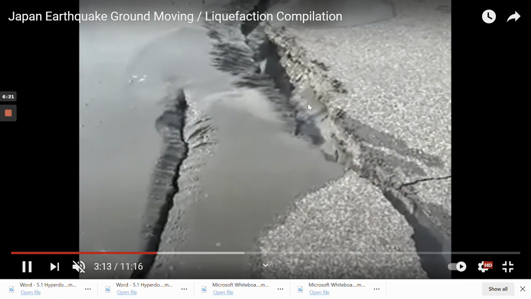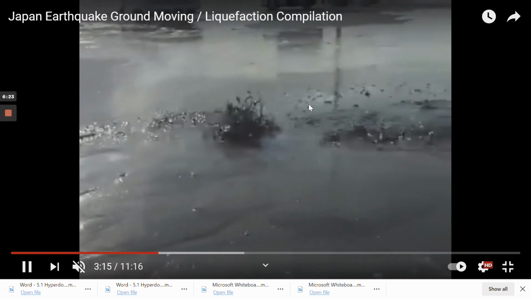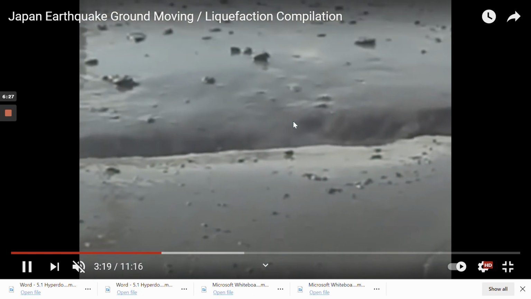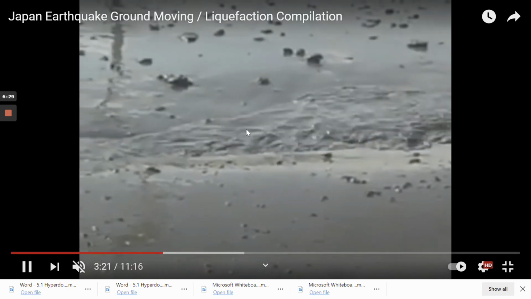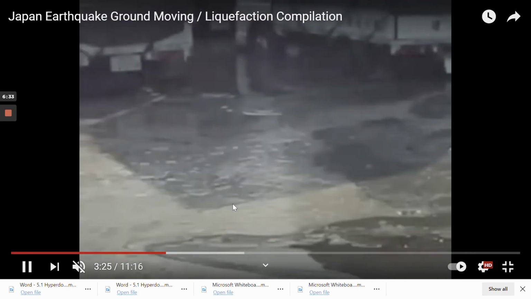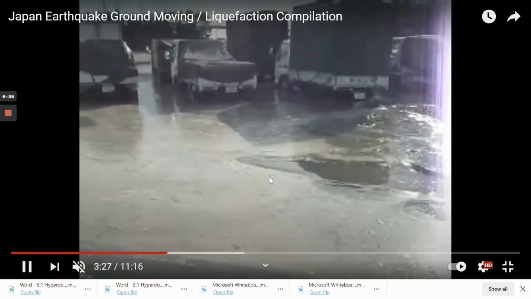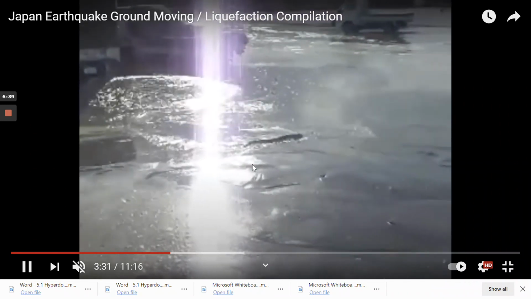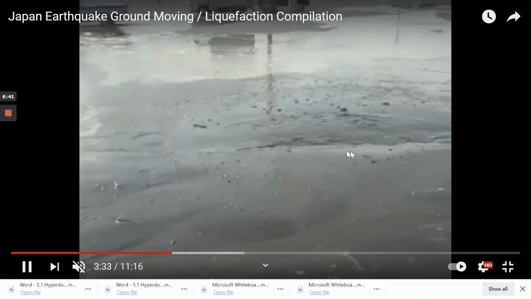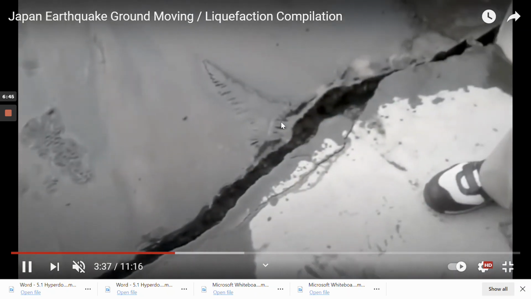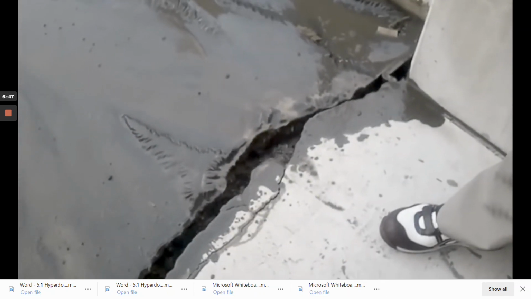This would be an example of an S wave. Earth is pushing that water to the surface, and then it gets pulled back out again, because that's how a transverse wave works. It moves things forward and back.